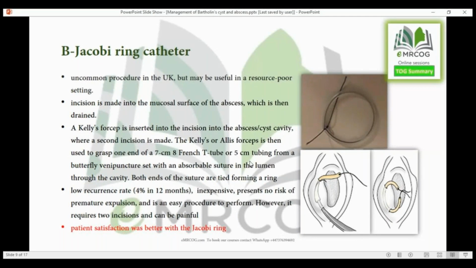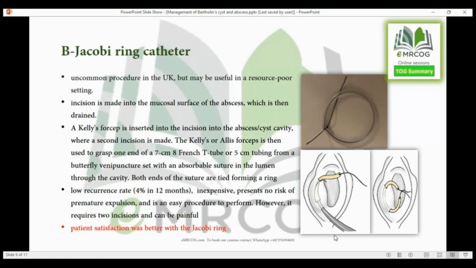You are mostly going to use a 7 or 8 centimeter French T tube, okay, and you will do a small cut in it, and then you are going to put it inside the cyst this way and close the ending and let it be for some time. They say like 2 weeks, okay, and it will form the epithelialization and the fistula as we said.